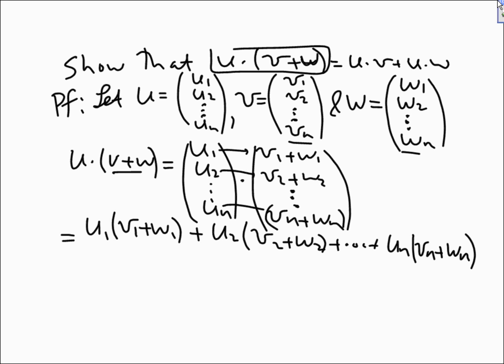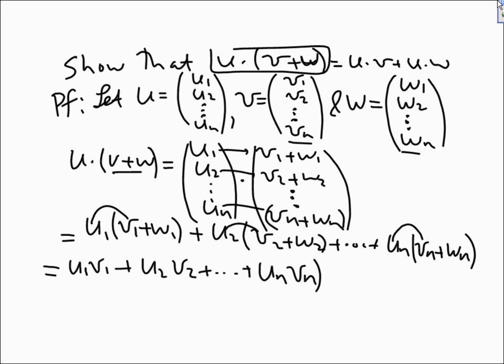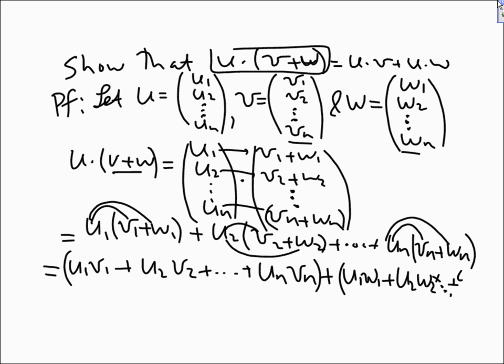But how I add is up to me. I want to multiply U1 and V1, then add U2 V2, all the way down to Un Vn. Plus, now I'm going to add on the ones I didn't add yet: U1 W1 plus U2 W2, all the way down to Un Wn.